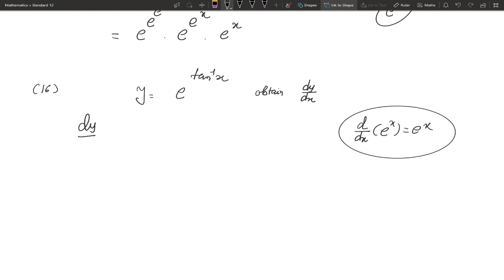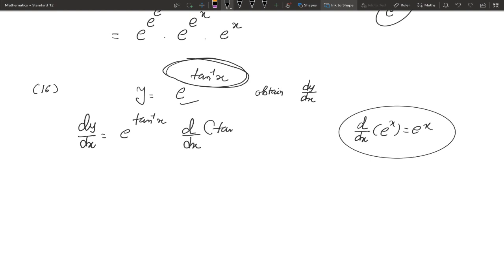So dy by dx, using the formula, it is e raised to tan inverse x. But power is not x, it is function of x. So by chain rule we have to write d by dx of tan inverse x. If it is only x, then e raised to x, its derivative is e raised to x, that's all. But here power is function of x, so we have to use chain rule.